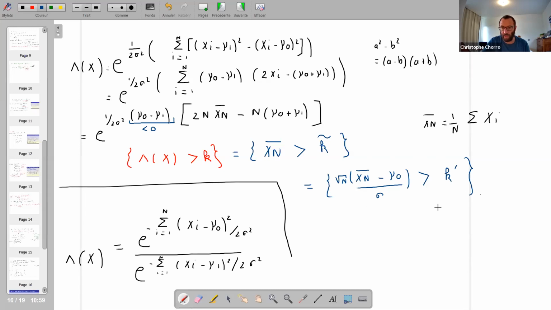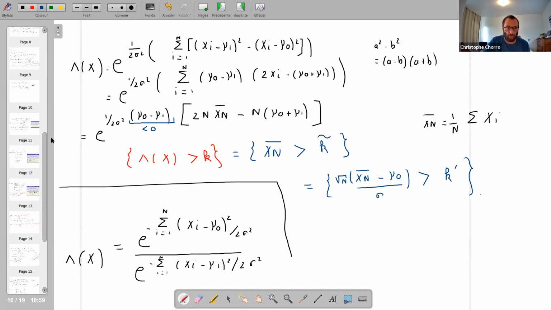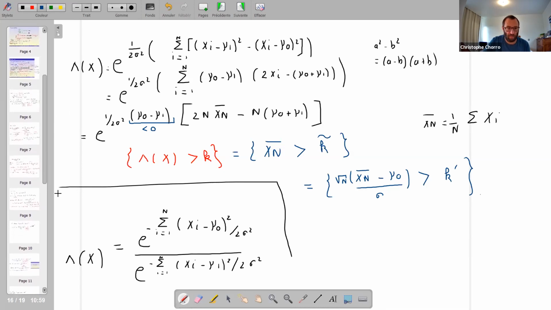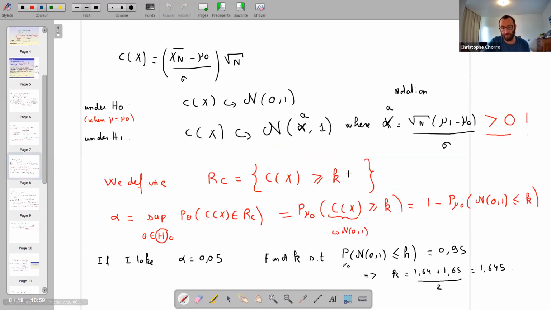And this is exactly what I have done before the break, in the first video. The rejection region RC, that is when I will reject, is when C of X is greater than K. And what is C of X?